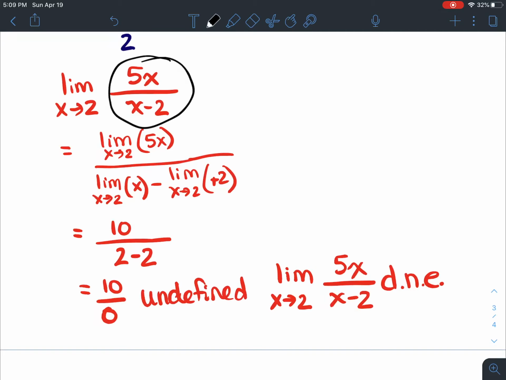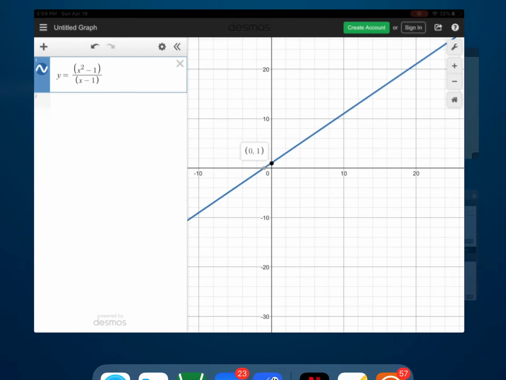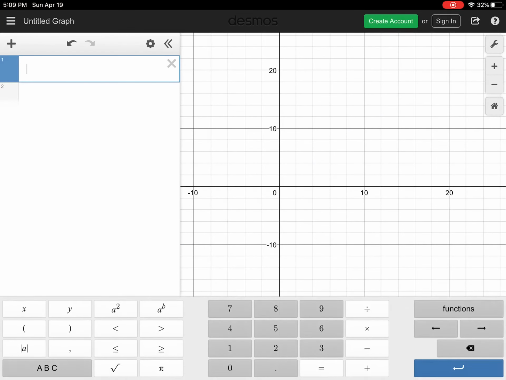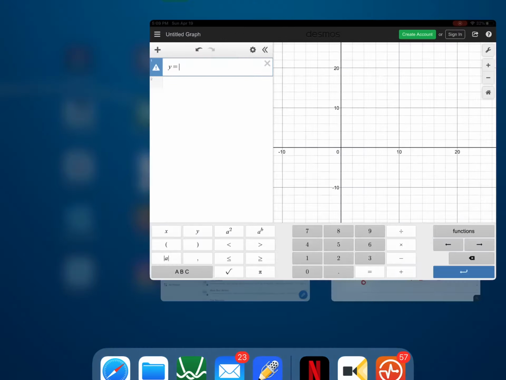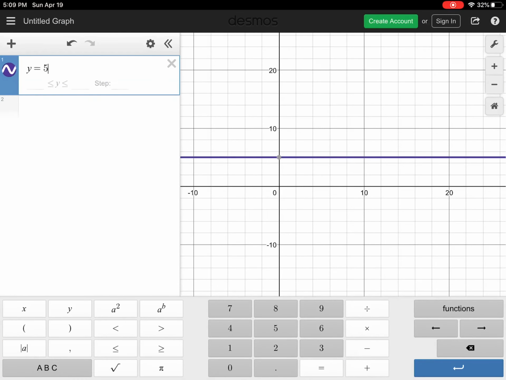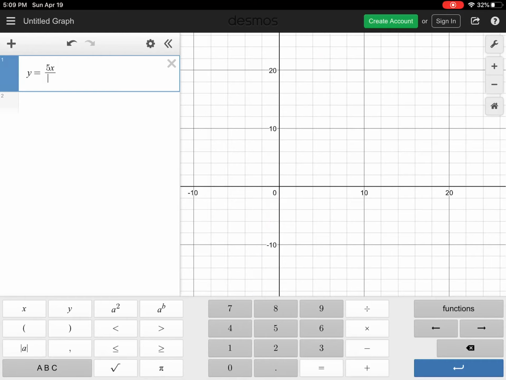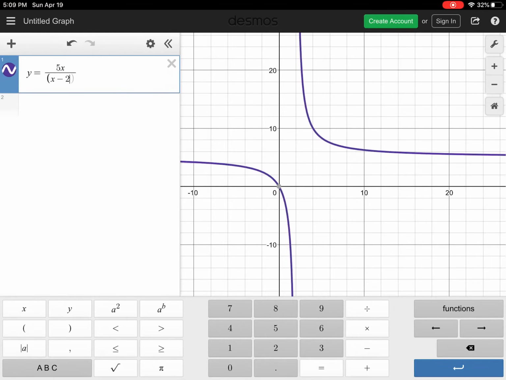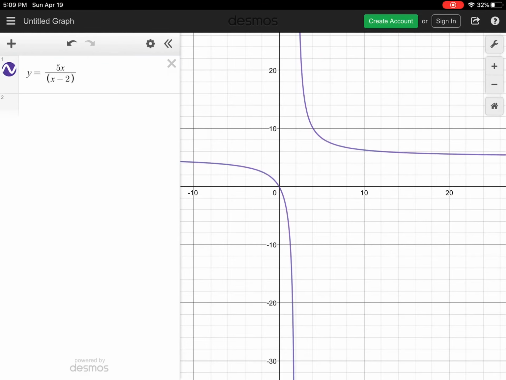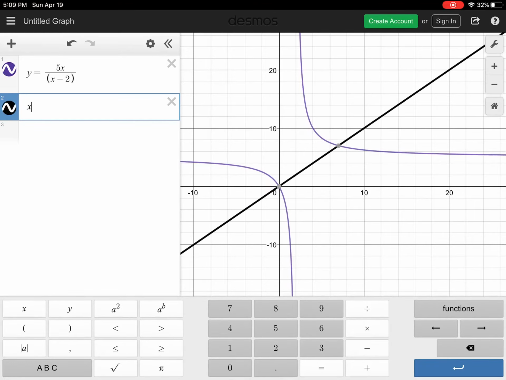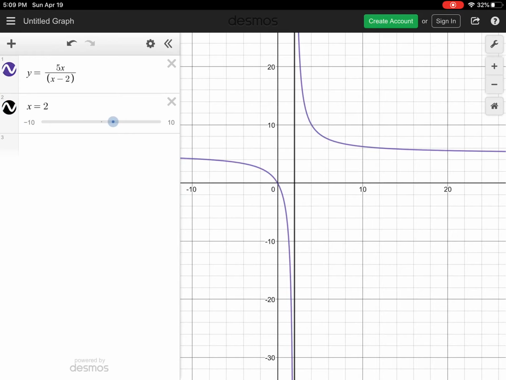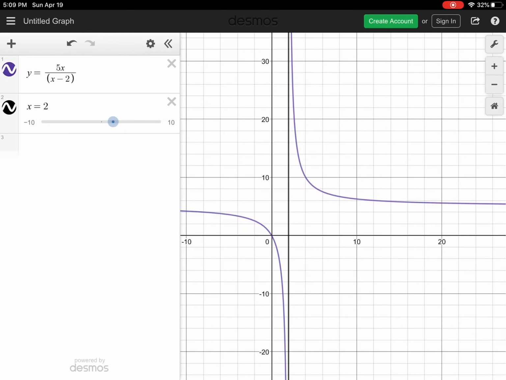Let's just take one look at what the graph looks like. Okay, so y equals 5x divided by x minus 2. The reason this function doesn't exist at 2 is that right there is an asymptote.